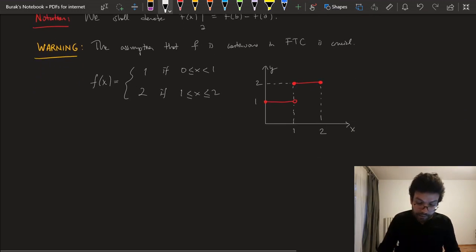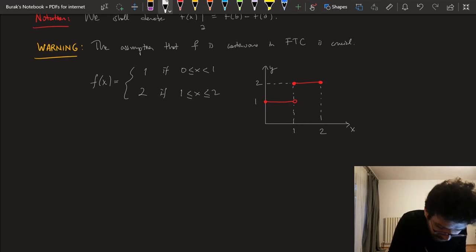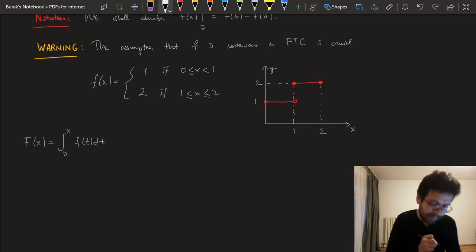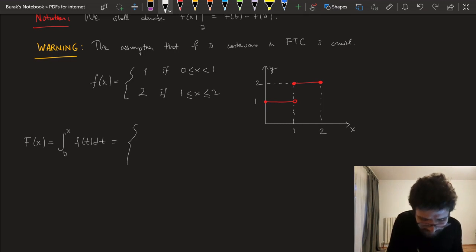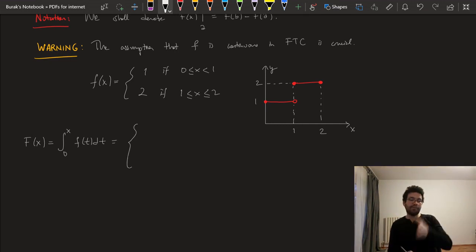Now, let me compute this function, which I'm going to name big F, which we named big F in the statement. This is the definite integral of f from 0 to x.